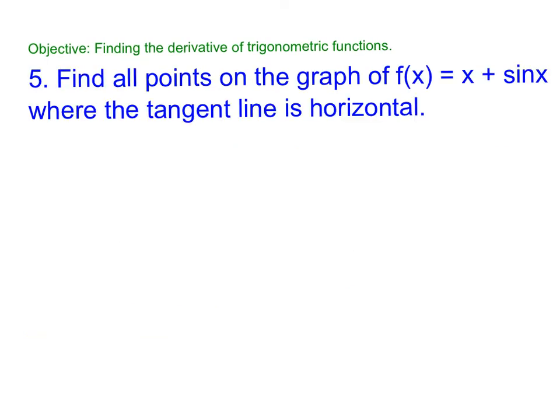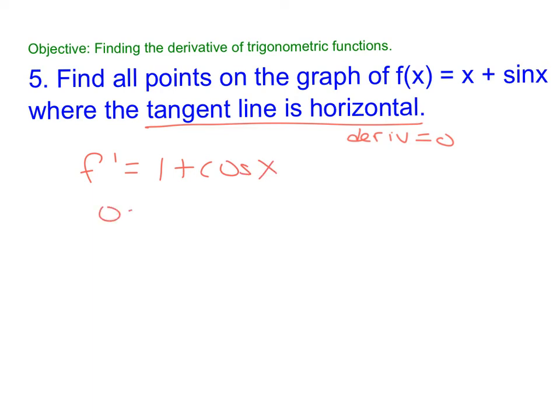Find all points on the graph of f of x where the tangent line is horizontal. All right, tangent line horizontal, that's where our derivative equals 0. So f prime is 1 plus cosine x, and we're going to set that equal to 0.